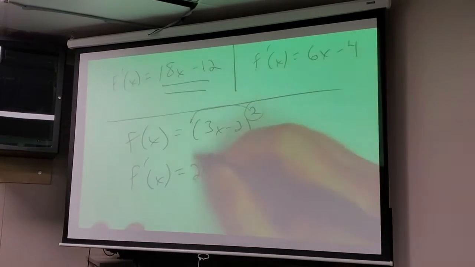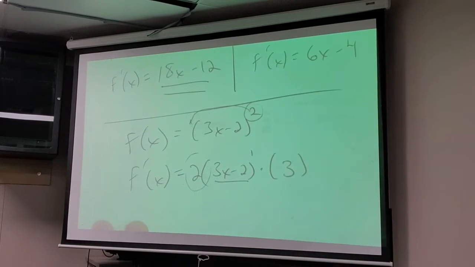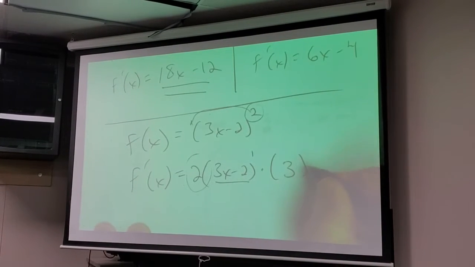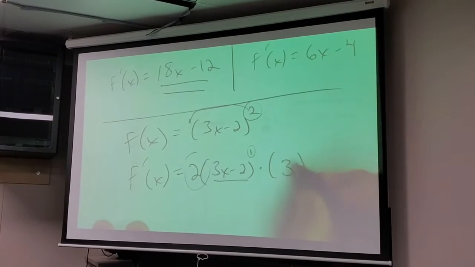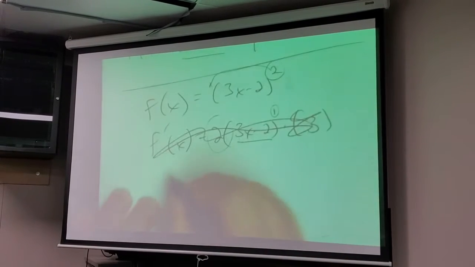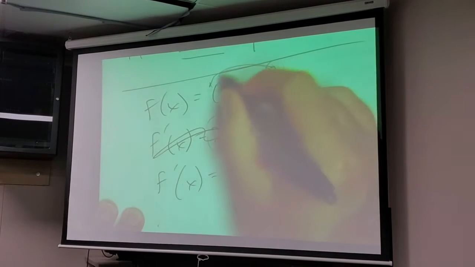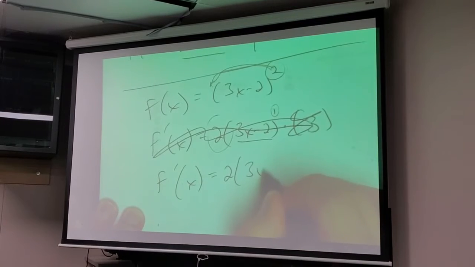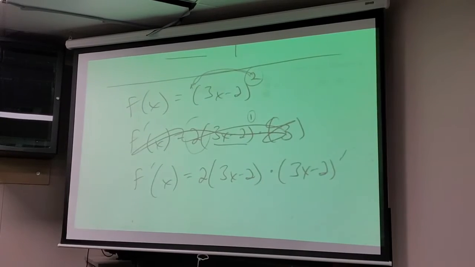So within this doubling, what did this do? Didn't it triple? I'm sorry, let me be really clear on what's happening here. And this is a 1, by the way, right? So let me rewrite this. Okay, I don't want to do too much at once. So that comes down. The power becomes 1 times the derivative of the inside. So the inside gets a turn.